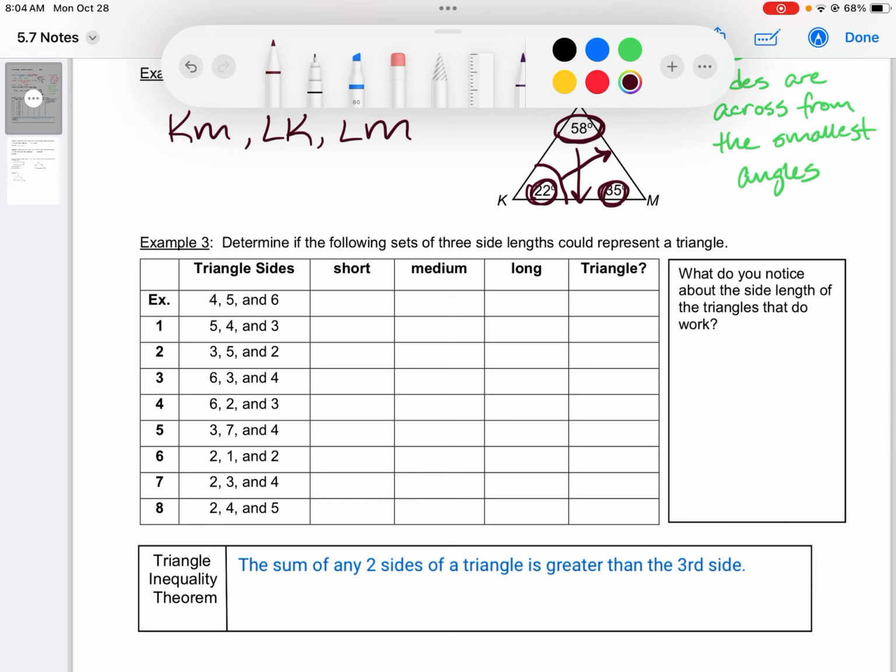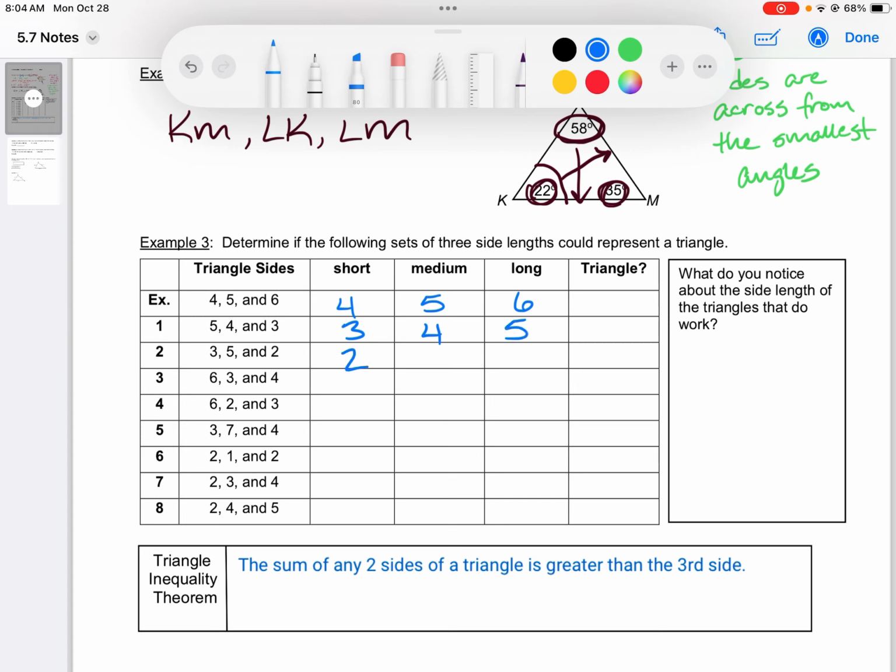All right, for this next one, we're given some sides of a triangle. The first thing we need to do is take their three sides and put the shortest one, the longest one, and the one that falls in between those. And then we have to decide if it's a triangle.